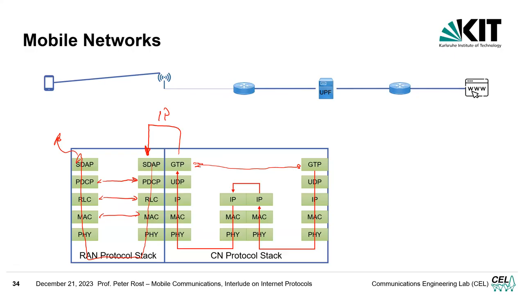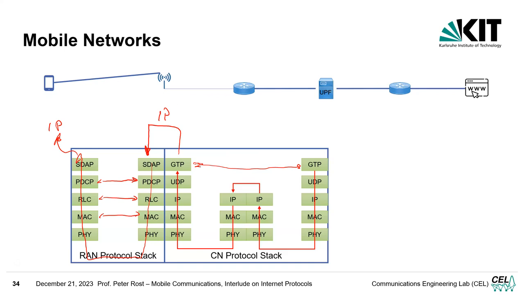Okay, and only at this point will your IP packet again be visible to the user terminal. This is quite important because for the user terminal itself, it's just an IP connection.